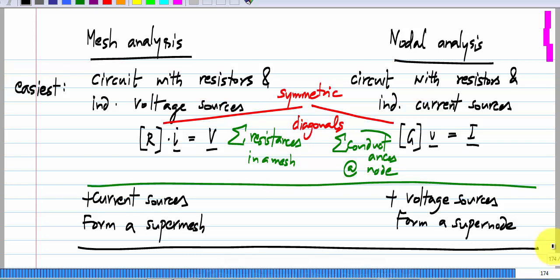So with this analogy and the detailed treatment of nodal analysis you have gone through, you should also be able to do mesh analysis and understand its properties for all cases.